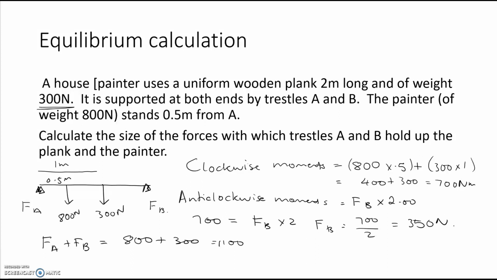So we already know what FB is, so FA plus 350 equals 1100, so FA has to equal 750 newtons.